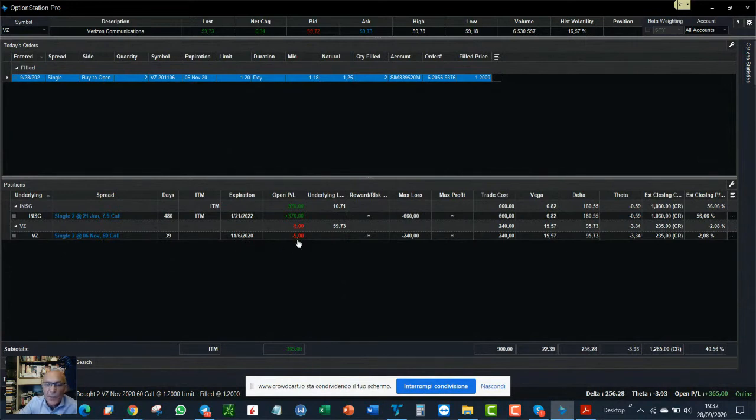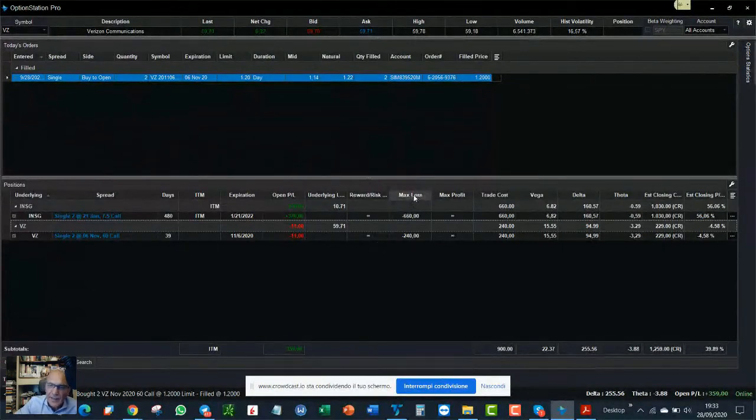At the moment, because of the slippage between the bid and ask, we are minus $5, and it's telling me the underlying price, which is 59.73. Then it's telling me the reward risk. The reward risk in this case is infinite, because there is no limit on how high the price can go, but obviously that's theoretical.